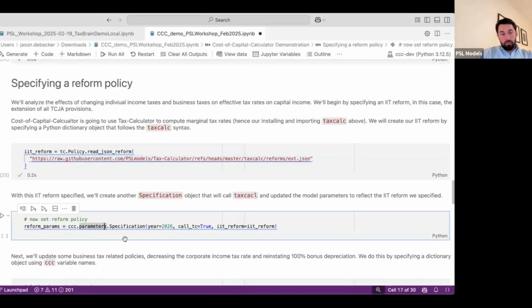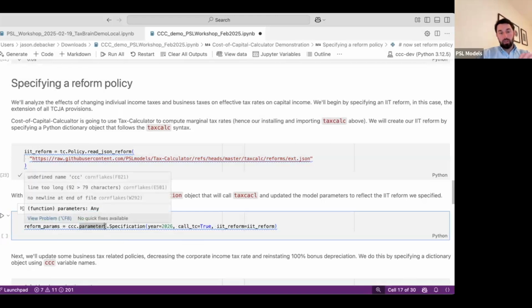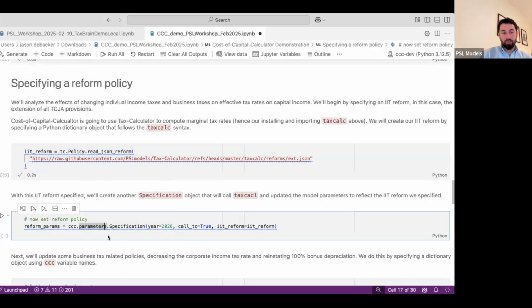And now to pass that to our cost of capital model, in this case, we're going to want to compare to our baseline current policy. So what we're going to do is create a new specifications object, also for year 2026, but we're going to pass it this change in individual income tax rates.